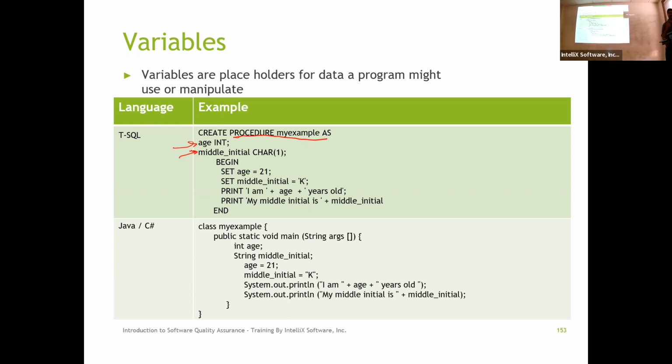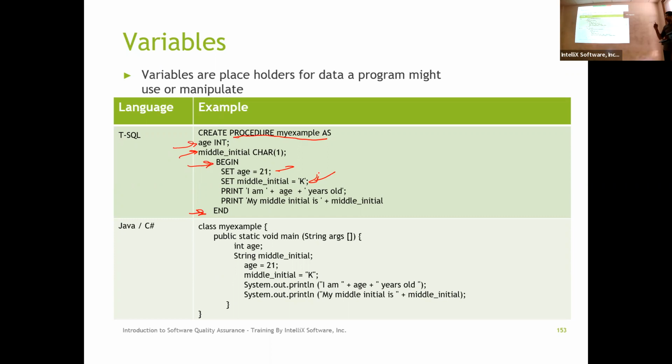And then it's going to have multiple executable statements, so I'm going to build it in the block, same as the previous hello world one. But in this case, the first statement allows me to set the value of the variable. So I'm setting my age as 21. The second one does the middle initial.